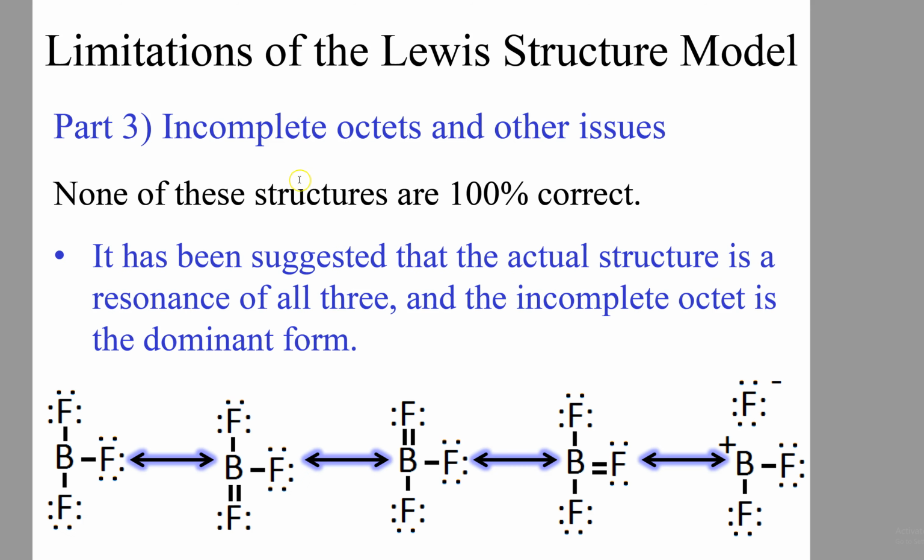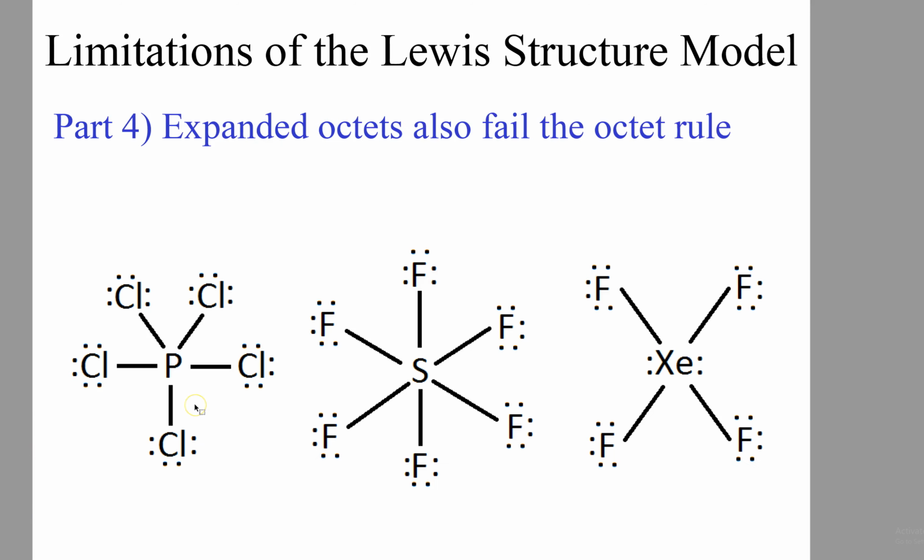So if I were to write down any of these possibilities, none of these are 100% correct. You have the possibility of the double bond, double bond, double bond, or you even have an ionic character. If you were asked which one is the dominant form, the incomplete octet one is going to be the dominant one, which is this one right here.